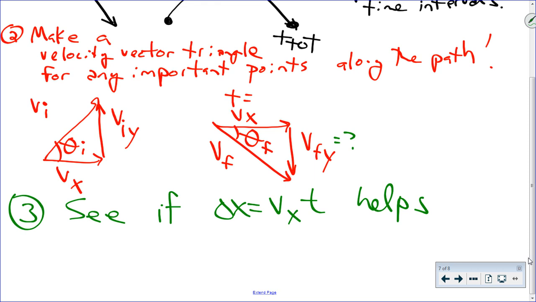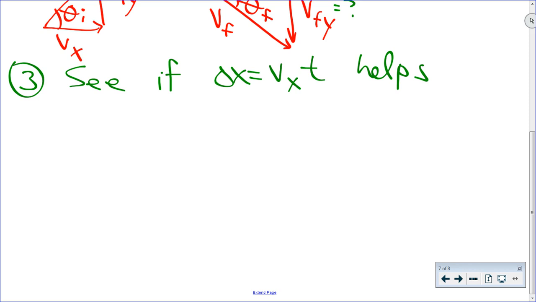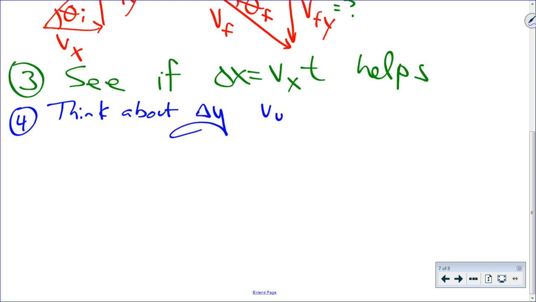All right? And finally, step 4. Have I not used blue yet? I don't think I've used blue. Step 4 is if the horizontal motion doesn't help you, then you should think about your vertical displacement and your vertical velocity.